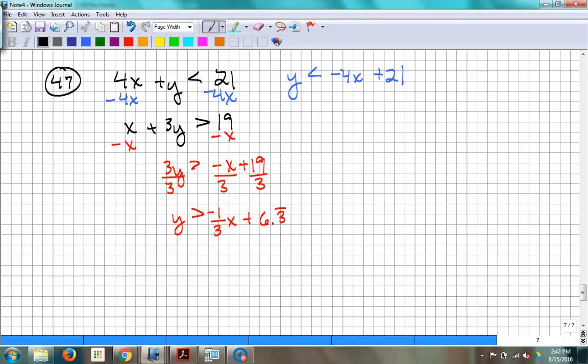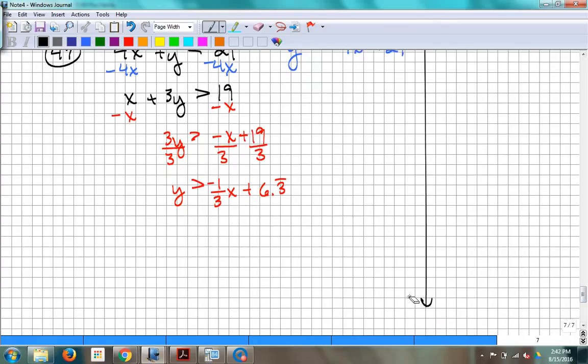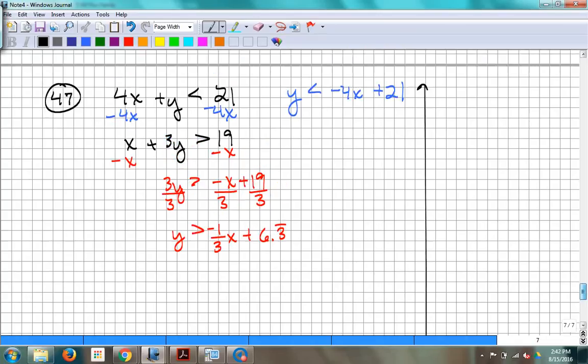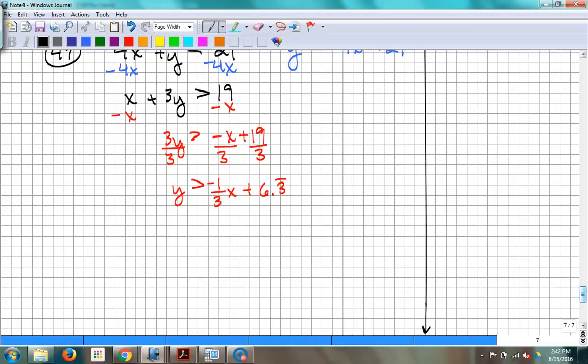So when I go to graph this, I've got a y-intercept at positive 21 and then a y-intercept at positive 6 1/3. That's a pretty good gap. So going by 1s might not be the best of methods, but going by 3s might be, because 3 and 6 are both divisible by 3. So that's what I'm going to do.